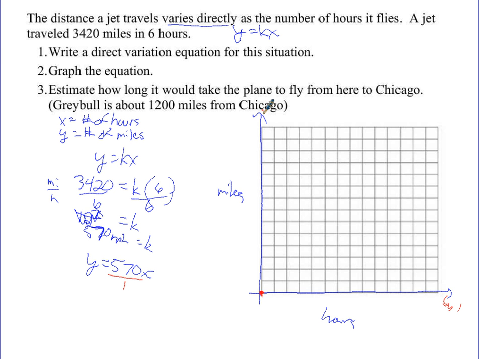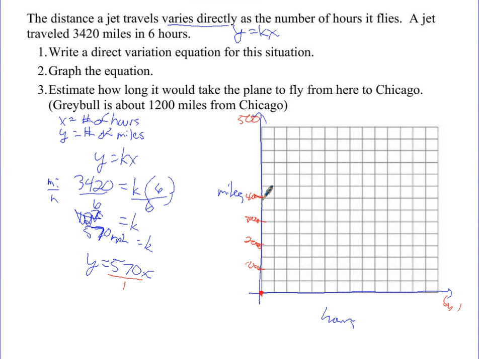Go by 500s? 700s? Whatever you want. Let's go by 500. So this will be 500, 1,000, 1,500, 2,000, 2,500, 3,000, 3,500, 4,000, and so on.